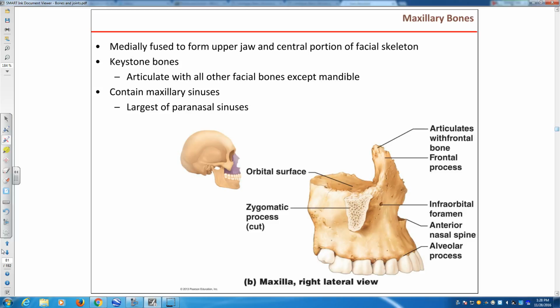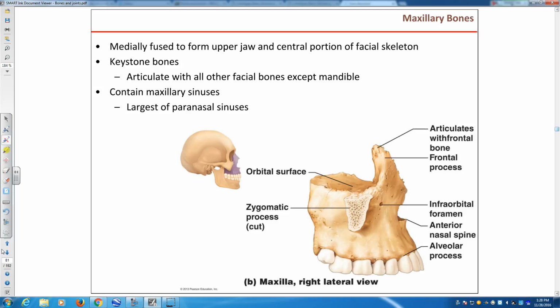This is a keystone bone, articulates with all other facial bones except, surprise, the mandible. You may ask, wait a minute, how about this? Well, this is not articulation, because your upper teeth and your lower teeth don't form a joint. It's not a joint, it's your mouth.